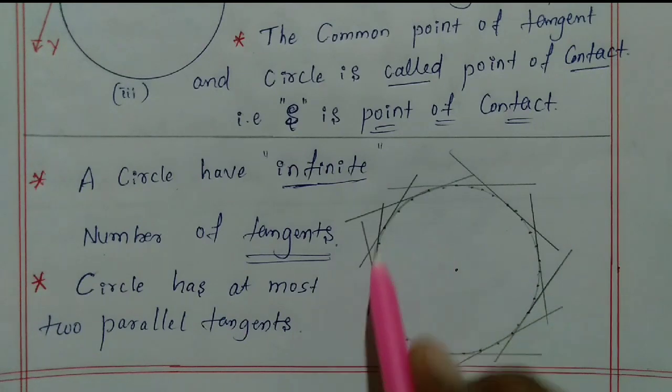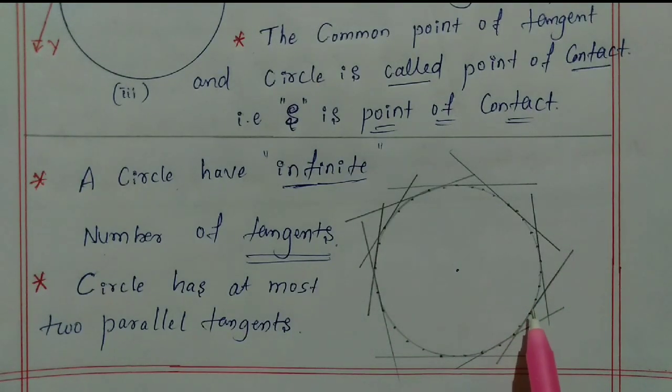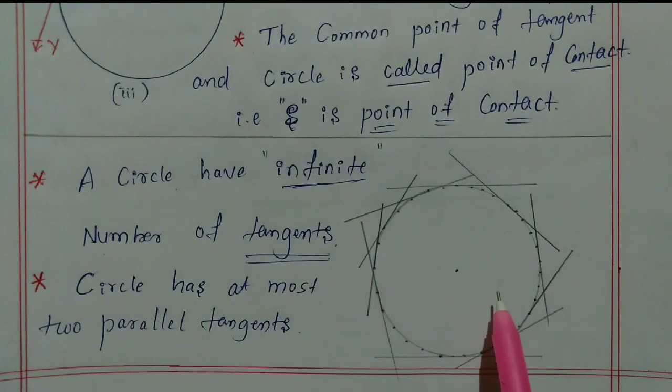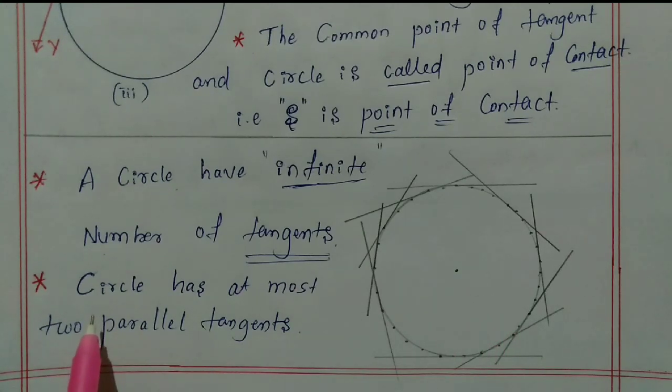If infinitely many points are there, then we will get infinitely many tangents. So you can write here a circle has infinite number of tangents because it contains infinite number of points. One more important point is that a circle has at most two parallel tangents.